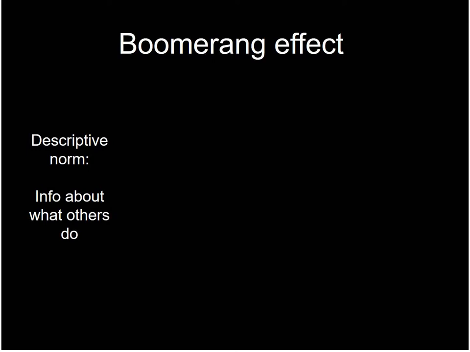When you give a descriptive norm, that is, you give information about what other people do, if you get information like the person in the example I showed you, which says, hey, you're using a lot more energy than your neighbors, that may lead people to reduce their energy consumption. But what happens if you get told, hey, actually, you're using way less energy than your neighbors? There's a concern that these descriptive social norms might promote the bad behavior because you realize, oh, I'm actually being better than I need to.